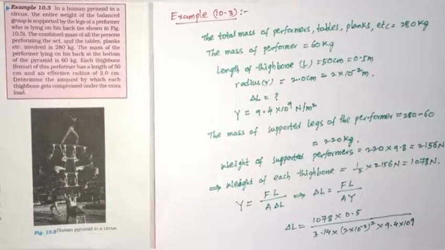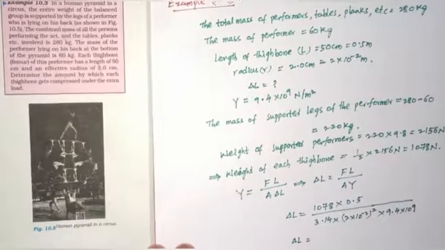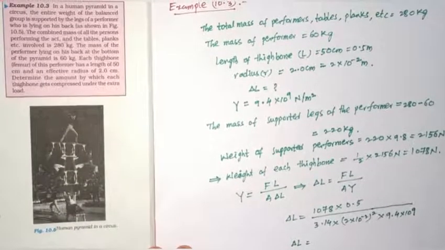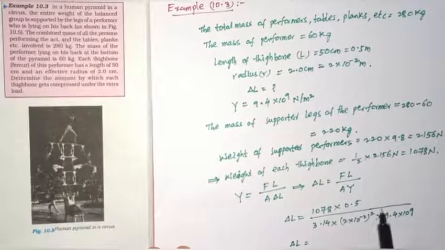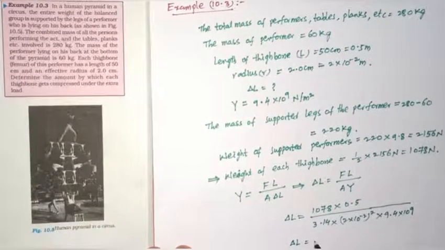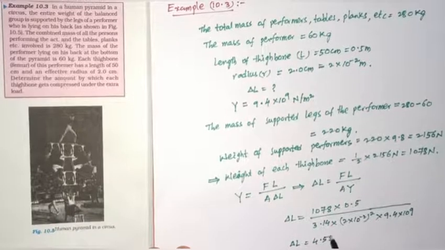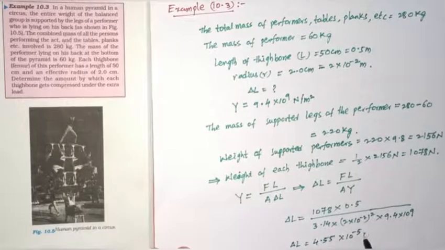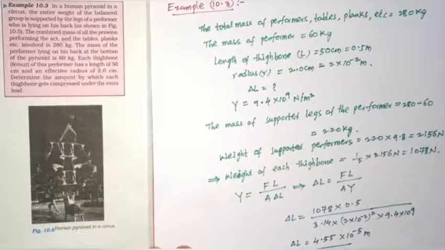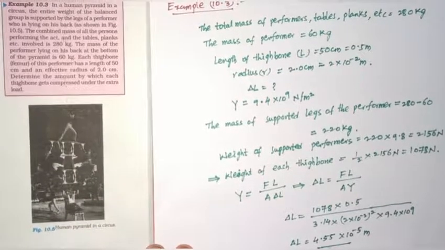Okay, delta L, calculated with a calculator, is 4.55 into 10 to the power of minus 5 meters. So it is a very small value.